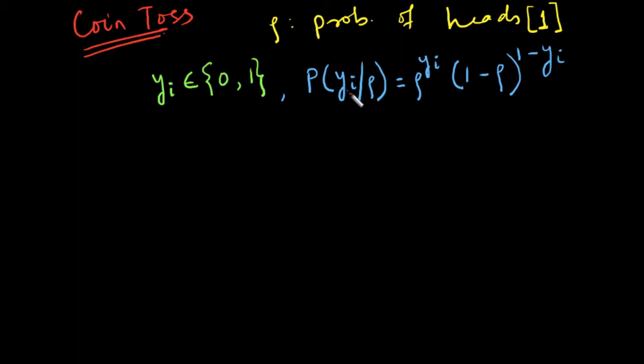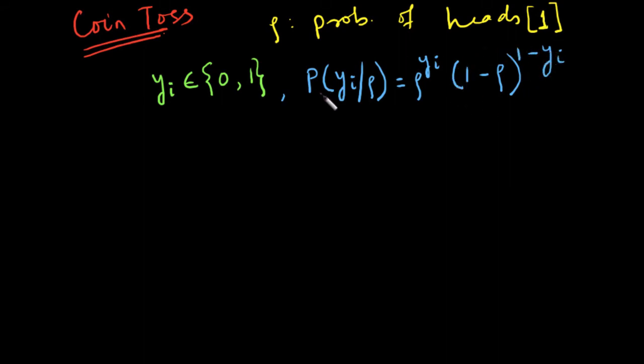How is that? Consider yi to be equal to 0. Now rho power 0 becomes just unity, so this goes away. And when yi is 0, this is 1 minus rho, which we know is right, that the probability of getting a 0 given rho is equal to 1 minus rho. Now take the other possibility that yi is equal to 1. Here you have just rho, and 1 minus 1 becomes 0, so this term goes away.